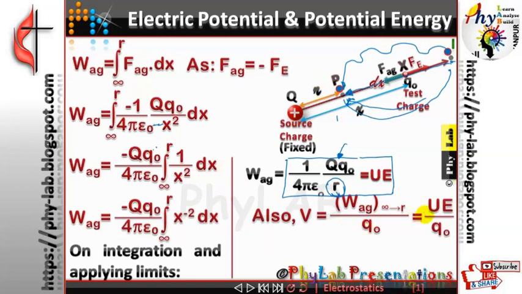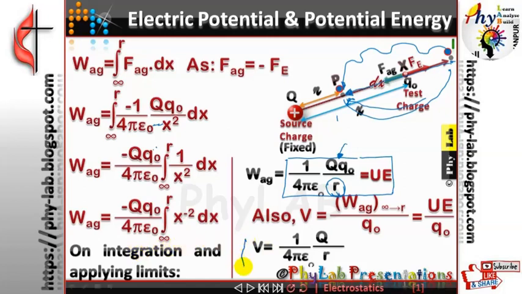So the expression can also be written as potential energy upon q naught. Divide this expression by q naught and you will get the value for electric potential, and that comes out to be 1 upon 4 pi epsilon naught q by r. So here, friends, now you have got an expression for electric potential.